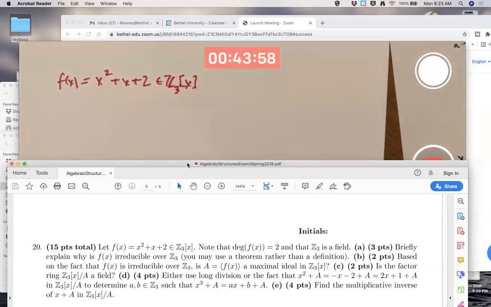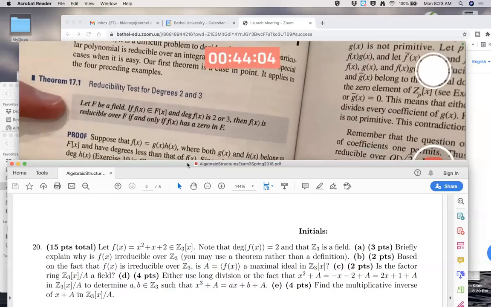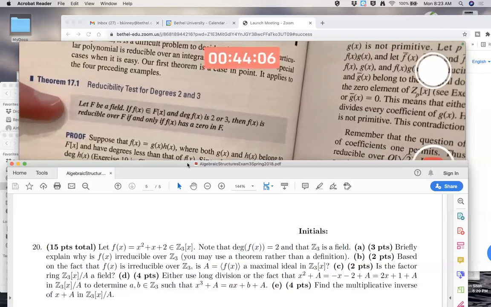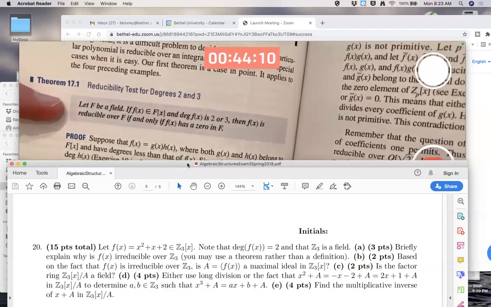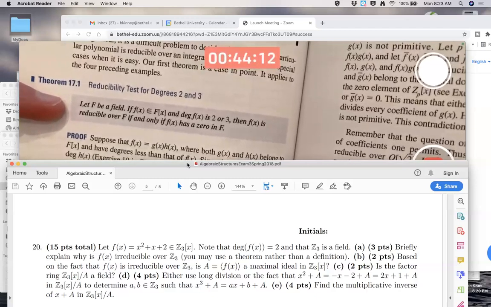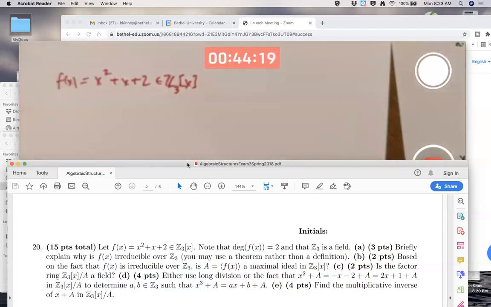So yeah, that theorem 17.1 is what we want to use, the degree 2 or 3 reducibility test, which is also an irreducibility test. We got a degree 2 polynomial. We want to show it's irreducible over Z3. That means we need to show it's got no zeros in Z3. So just check.